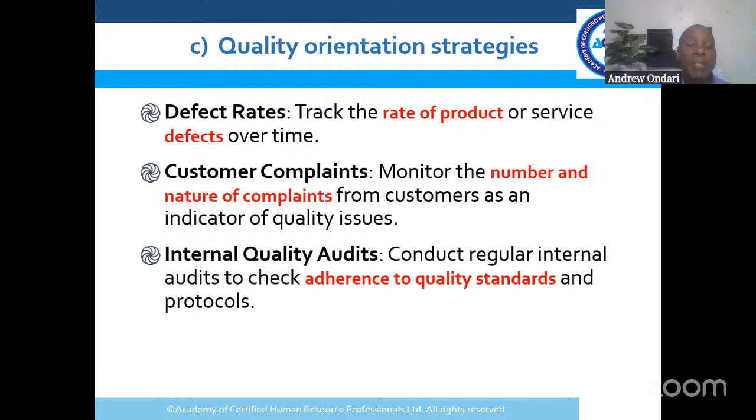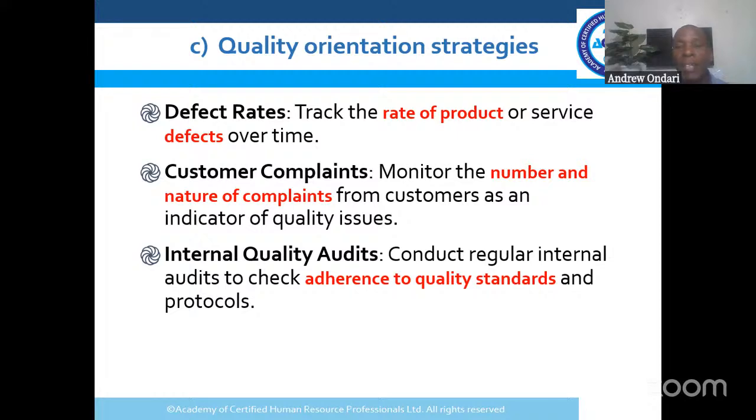So as we focus on quality orientation, because orientation is the focus on quality, we look at the defects of the goods that we provide. Somebody could ask, can there be a defect in the services that we provide? The answer is yes.